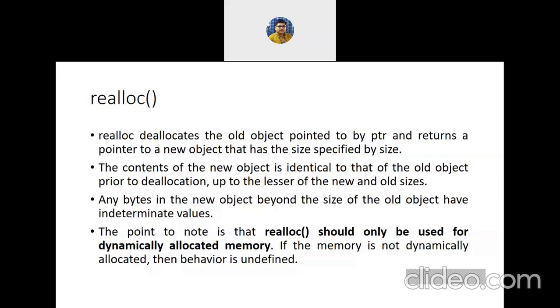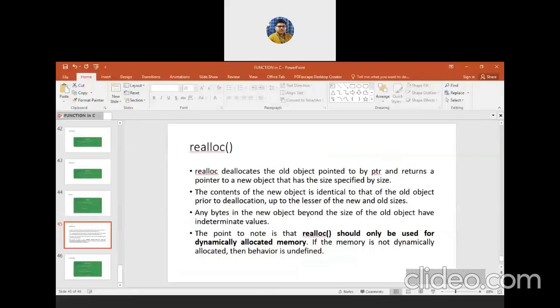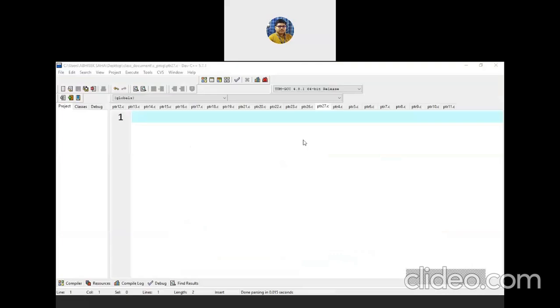Third point, any bytes in the new object beyond the size of the old object have indeterminate values. Yes, you have 5 integers already. So when you are allocating memory for 5 plus 2, say 7 integers, you have the 5 elements with you: 11, 22, 33, 44, 55, these elements you already have with you.